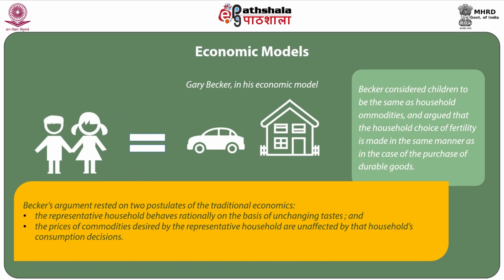Becker's argument rested on two postulates of traditional economics. The first is that the representative household behaves rationally on the basis of unchanging tastes. The second is that prices of commodities desired by the representative household are unaffected by the household consumption decision.